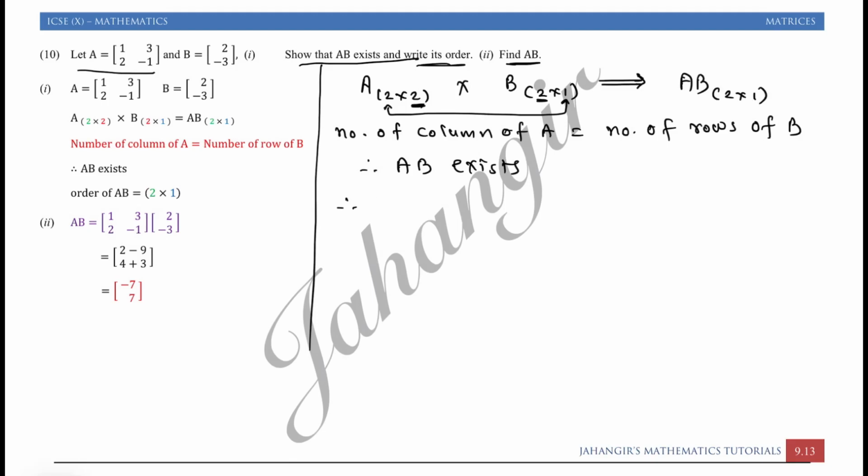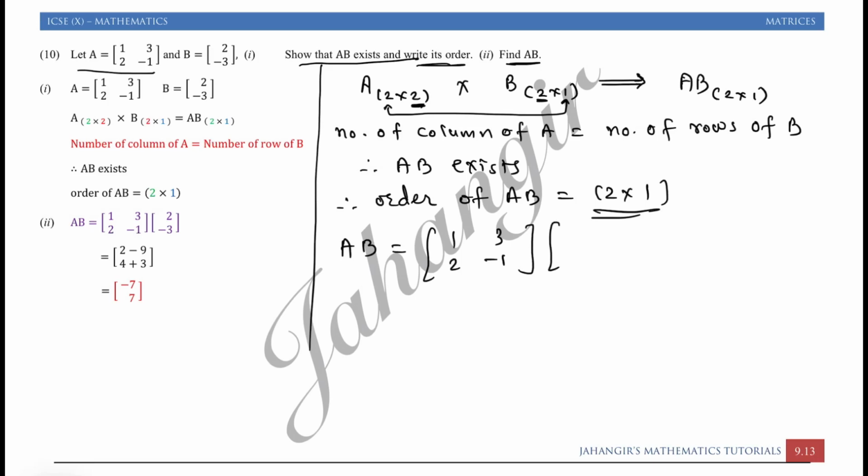So I can write therefore order of AB is equal to 2 by 1. You have to write everything properly, then find AB. Now you have to multiply AB. So A is 1, 2, 3 minus 1 into 2 minus 3. So as we know, we are always multiplying rows and columns.